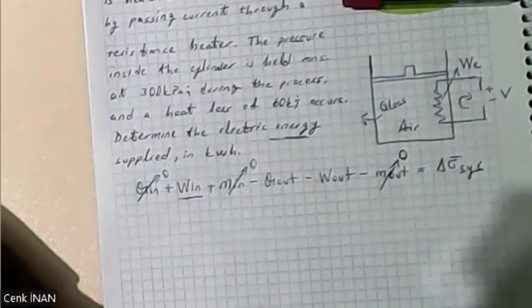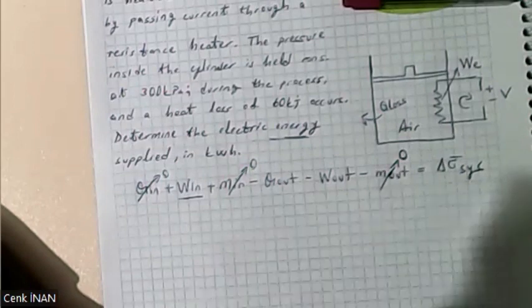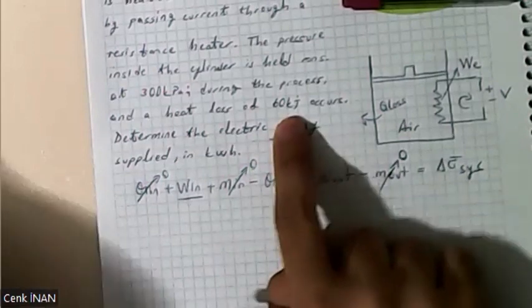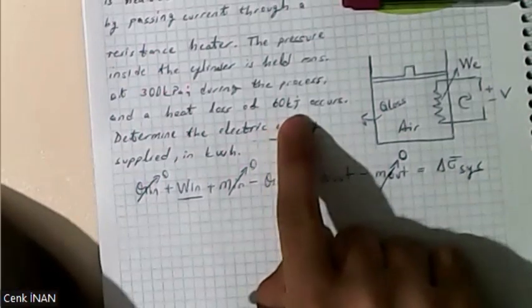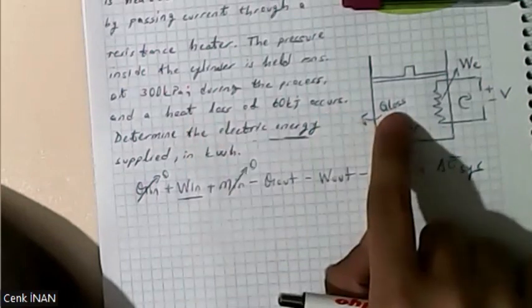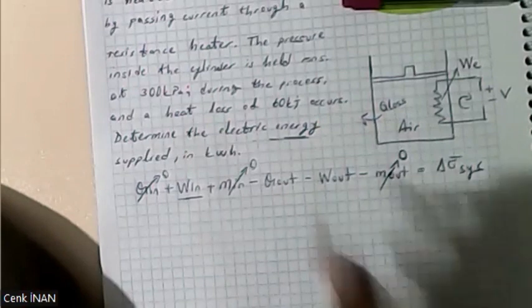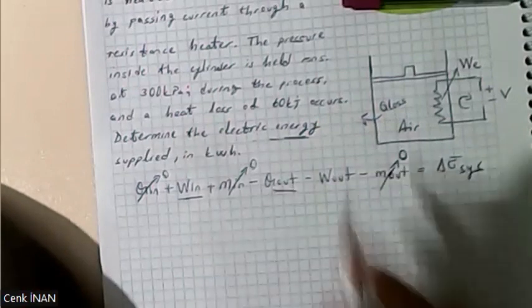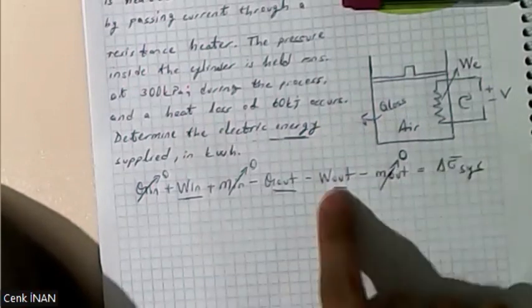And do we have Q output? Yes, this is given in the question: 60 kilojoules of heat loss occurs. So yes, we have Q output, and work output. This is tricky. Why?